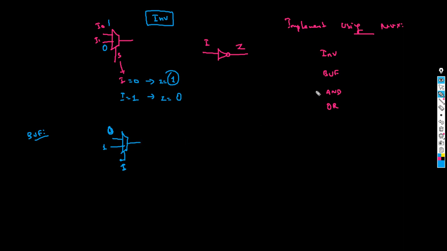Now, what about AND gate? I0 needs to connect with 0 and I1 is connected with A and select line as B. Okay.